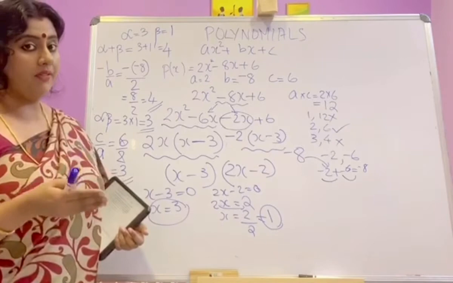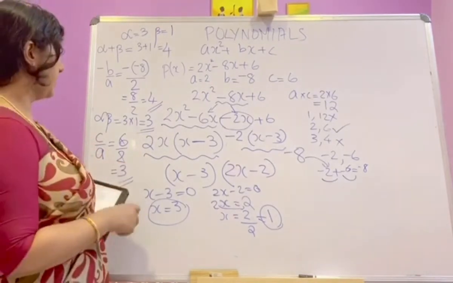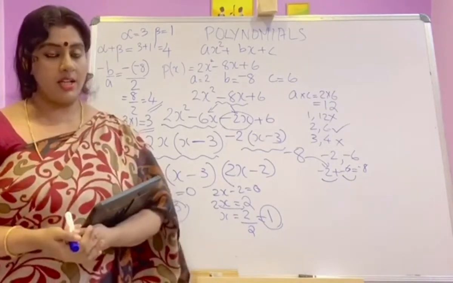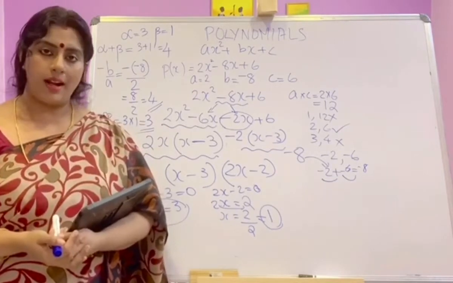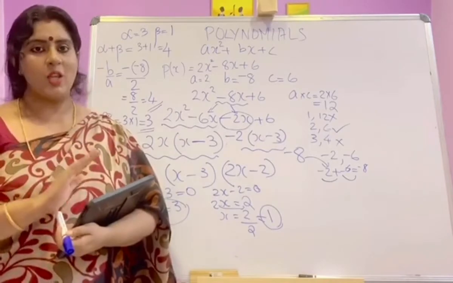Next, alpha into beta, that is product of zeros, and we got it as c by a. And now that is the relationship between zeros and coefficients in a quadratic polynomial. Now we can do some problems based on this.